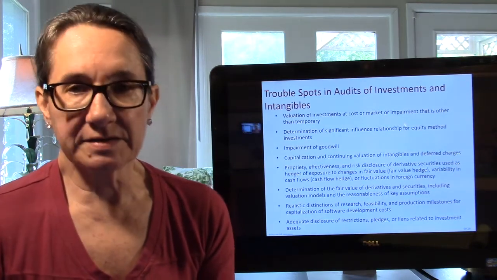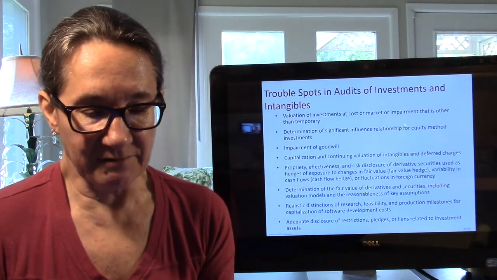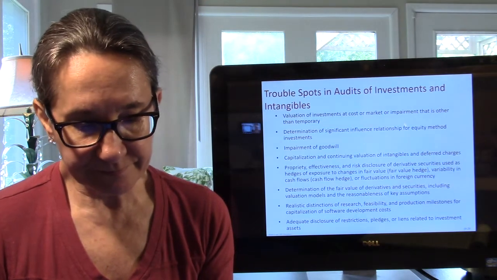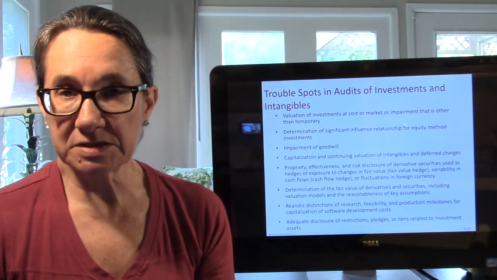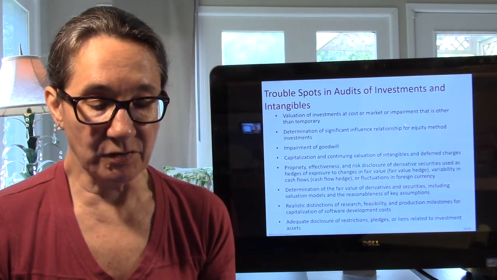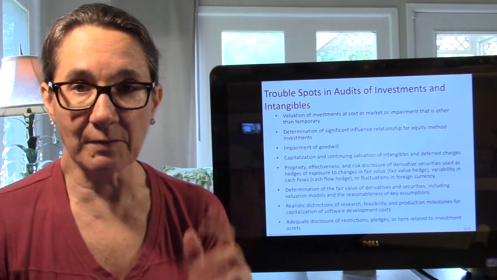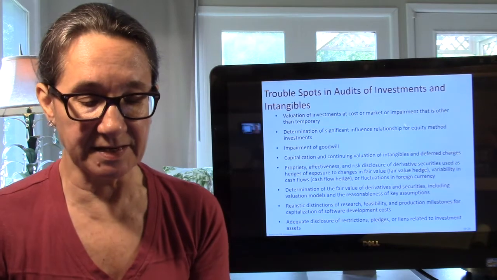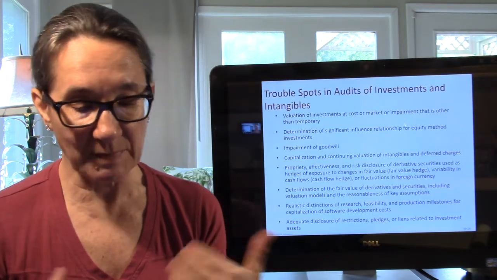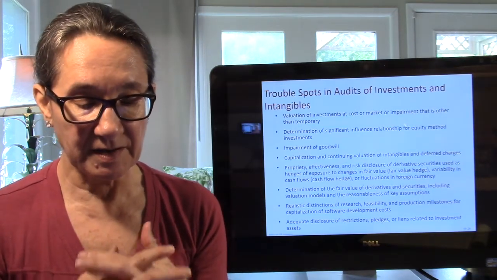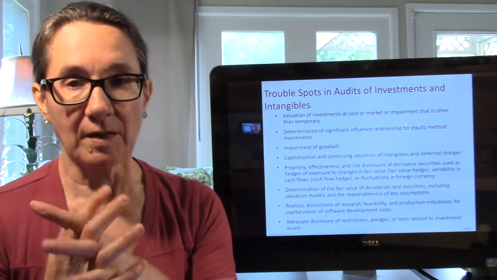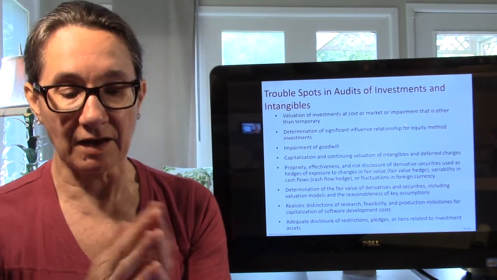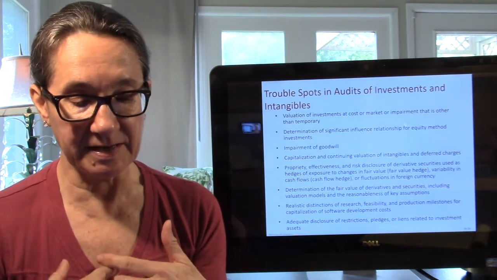Let's talk about the trouble spots for investments and intangibles. So the valuation assertion is where management might want to do some earnings management and make those financial statements look different. So they may have some permanent impairment that they need to take.